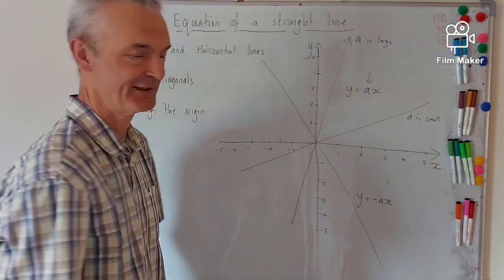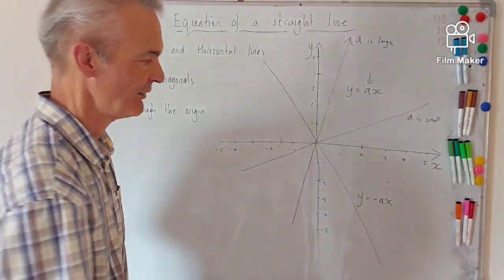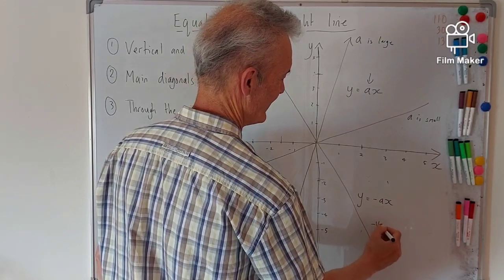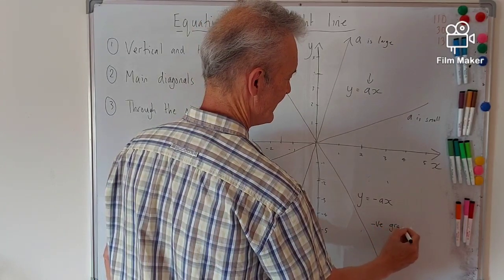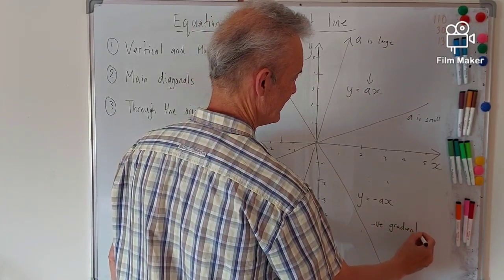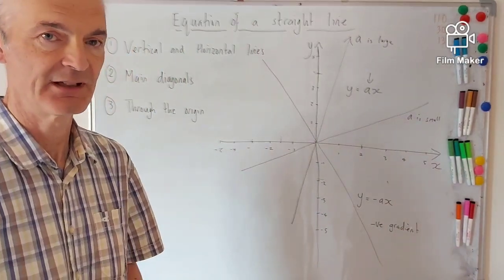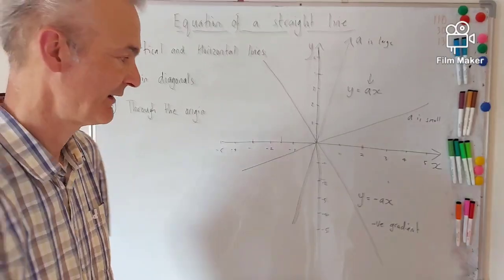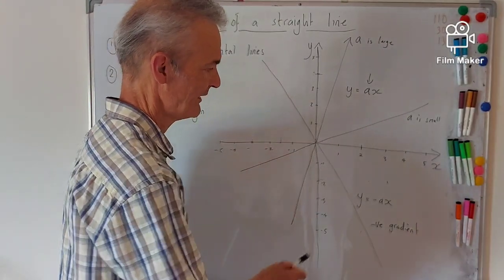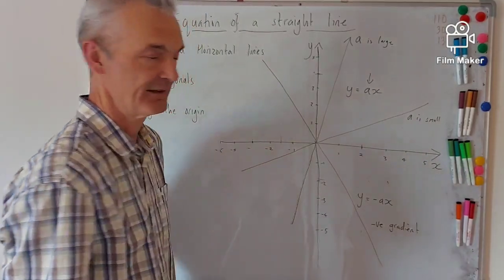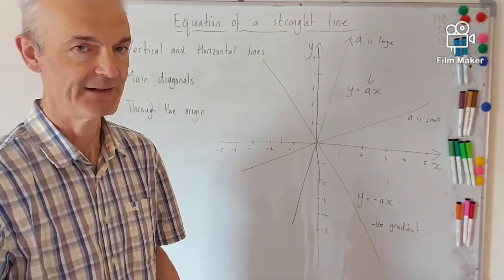This one's going downhill, so it's going to be negative. So we can refer to it as a negative gradient, is the word that we tend to use. So gradient is telling us about how steep a particular line is. So this is going to have quite a big negative number because it's a steep negative gradient.